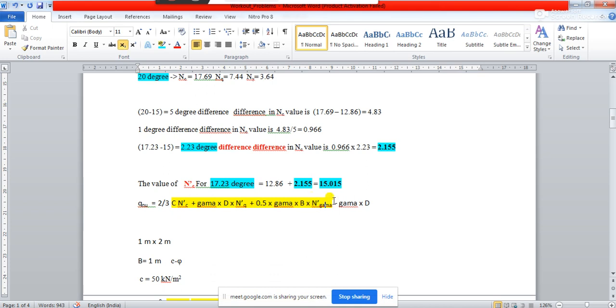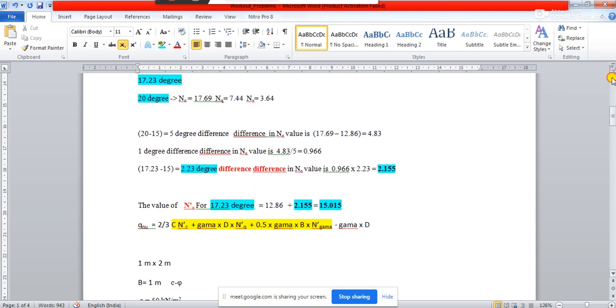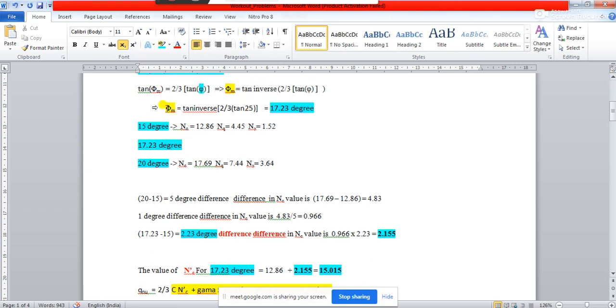And how do you get all these values? This NC dash, NQ dash, N gamma dash you will be getting after changing the angle of internal friction to the mobilized angle of internal friction, and for that mobilized angle you should find out the values for the bearing capacity factors.